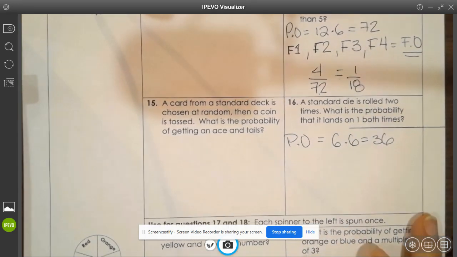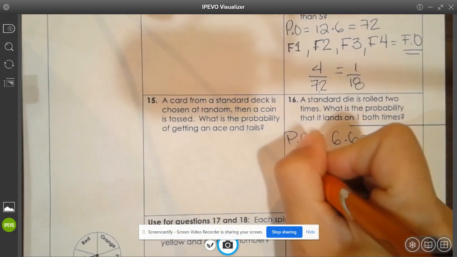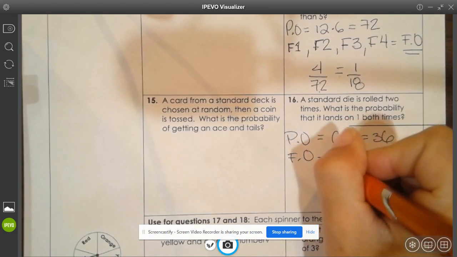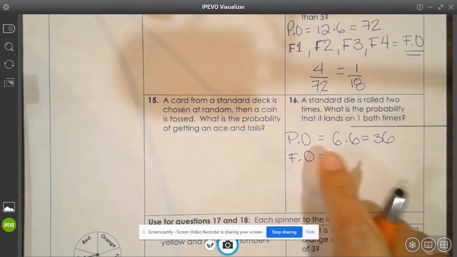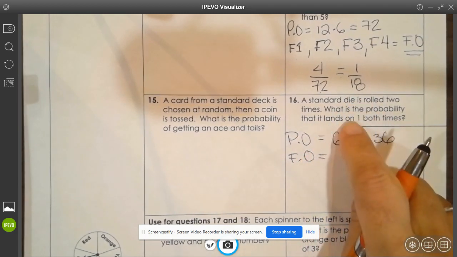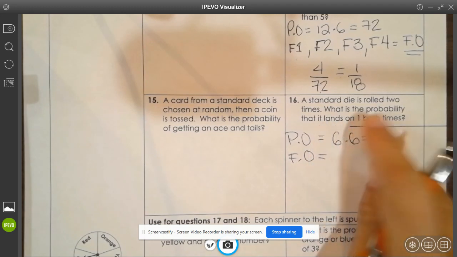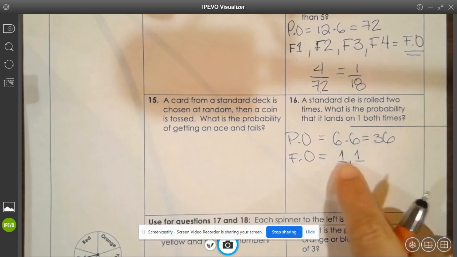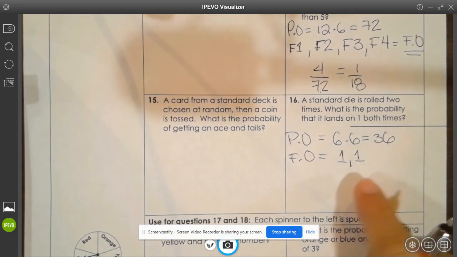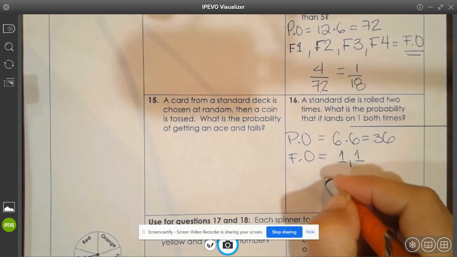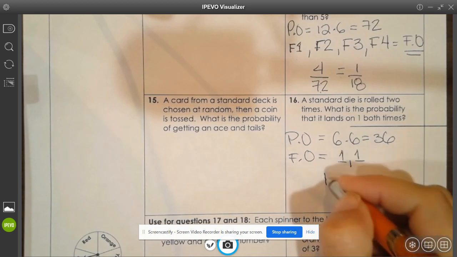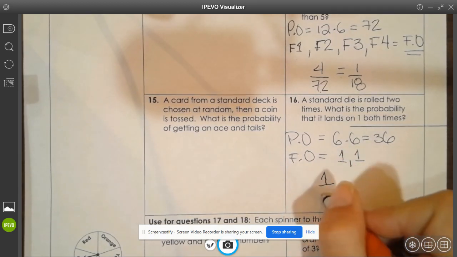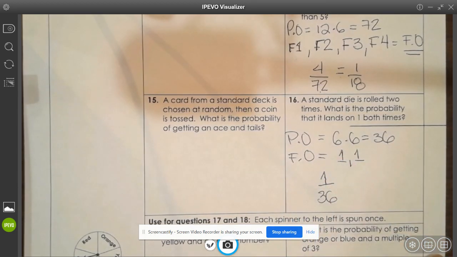We know that. And the favorable outcome is that both times it lands on 1. That's 1 time, that's 2 times. So that's 1 out of 36.